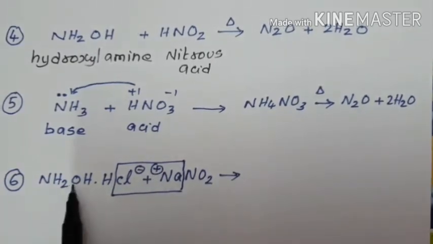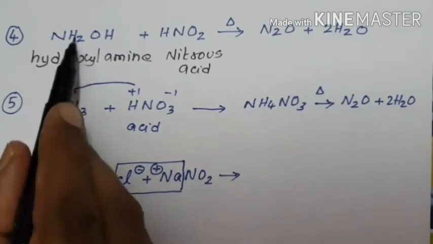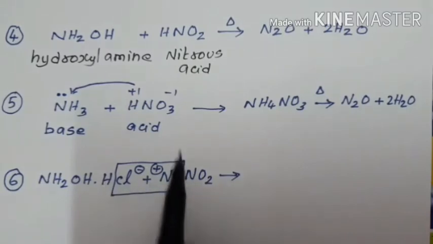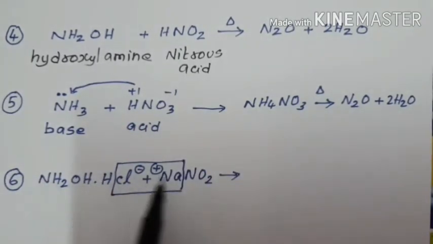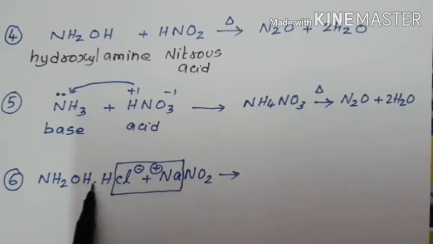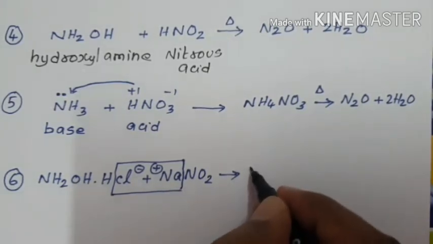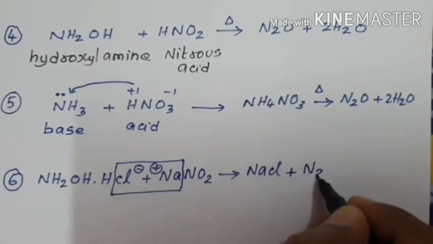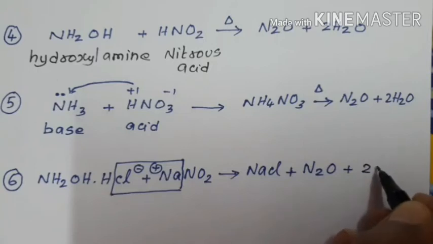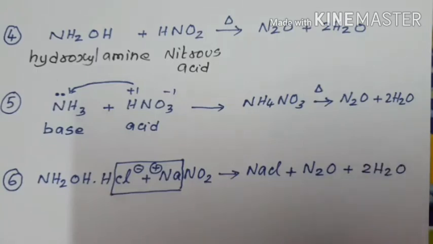When you see the two remaining reactants, NH2OH and HNO2, what are our products? N2O and totally 4 hydrogen atoms. So, loss of NaCl plus formation of nitrous oxide along with the loss of 2 water molecules. So this is the sixth method of preparation of nitrous oxide.